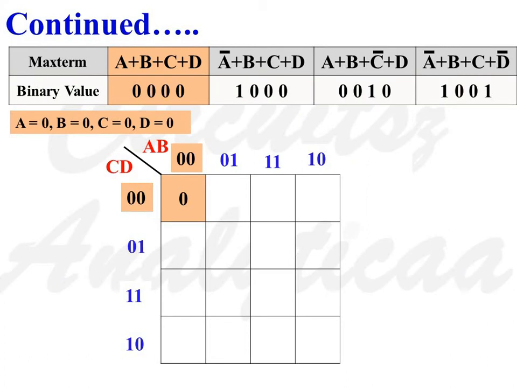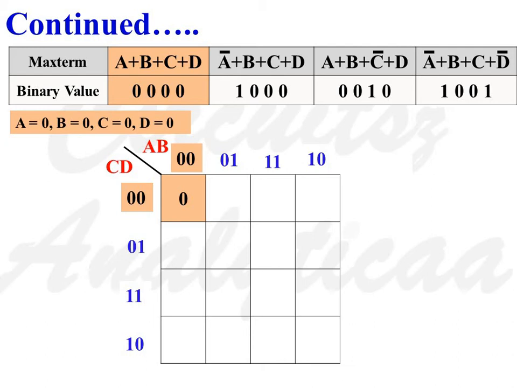The first sum term or max term is A plus B plus C plus D. In the case of a POS expression, to find the binary value, if a variable appears in true form in the sum term, put 0, and if a variable appears in complemented form, put 1.